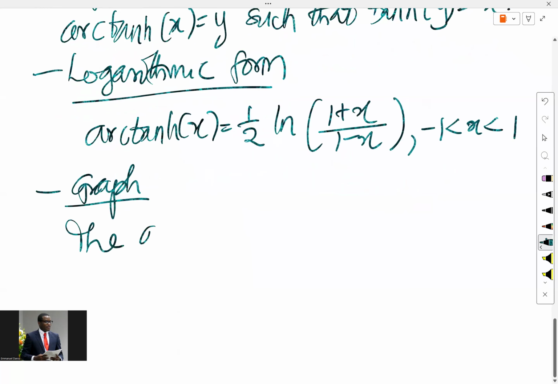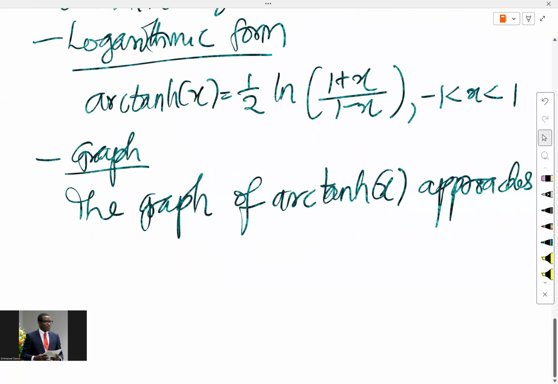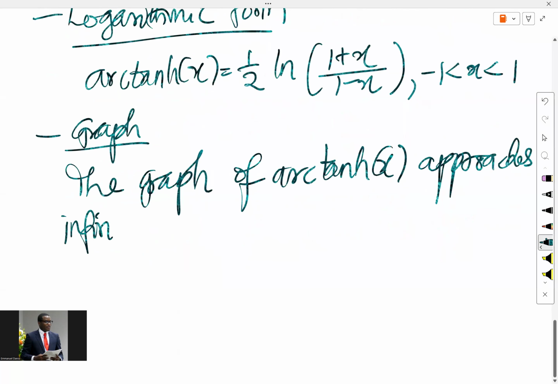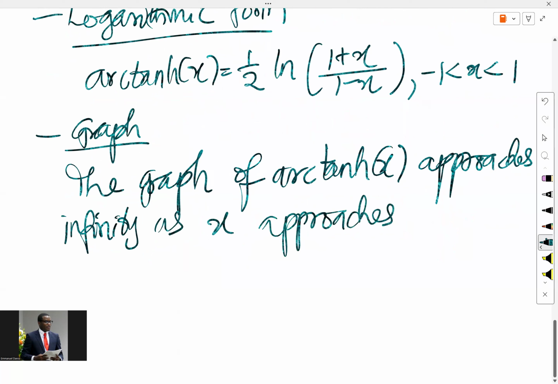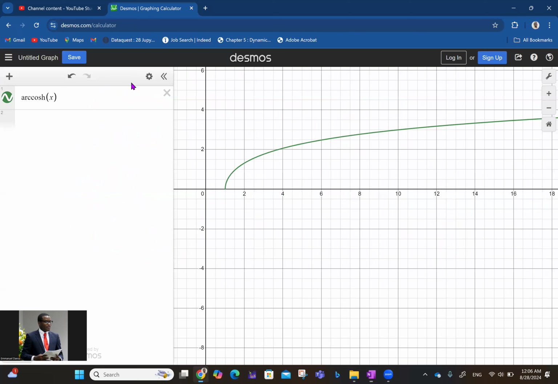The graph of arctanh x approaches infinity as x approaches plus or minus 1. Okay, so let's see what that looks like. Arctanh x now.